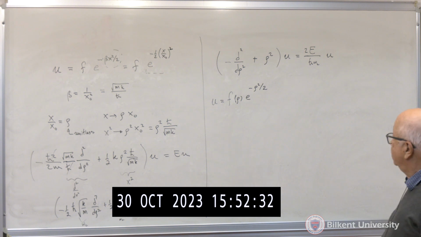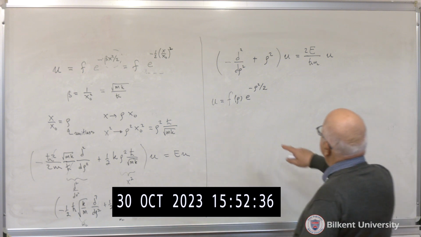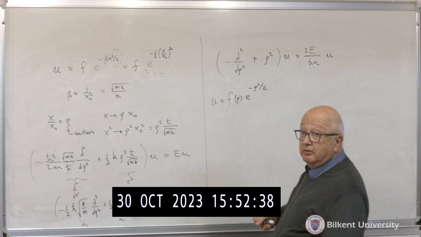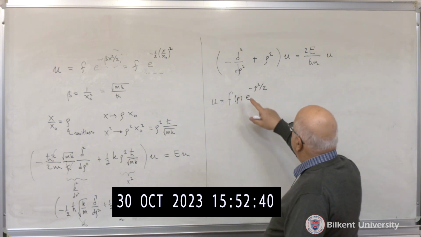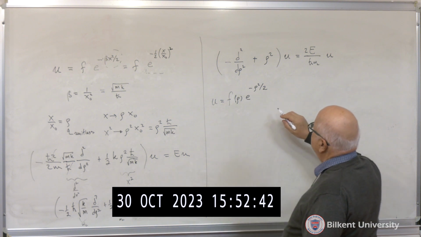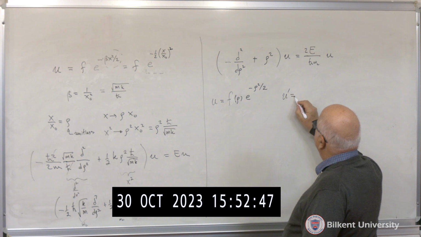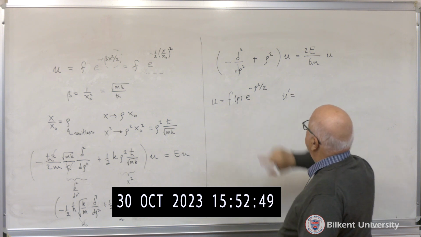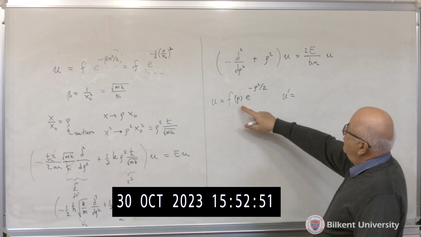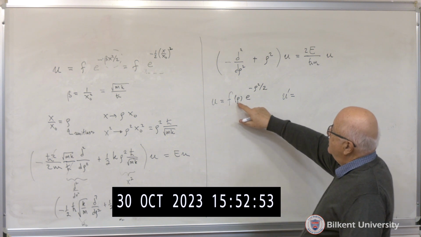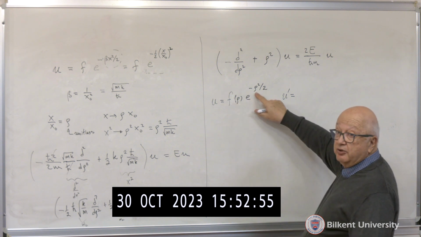Okay, so I need the second derivative of u. So let's just start differentiating. I'm going to get u prime, which is the first derivative with respect to rho, is going to have two pieces. There's a rho inside this f, and there's a rho there.